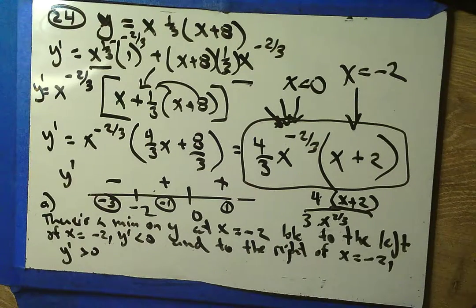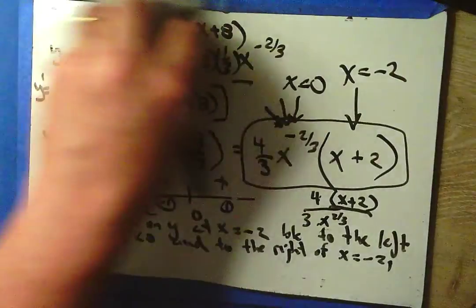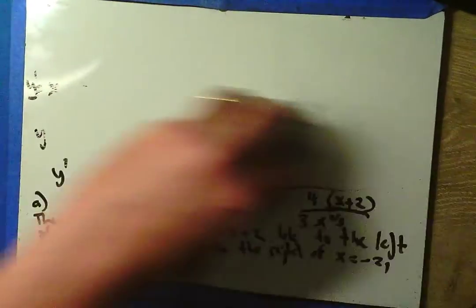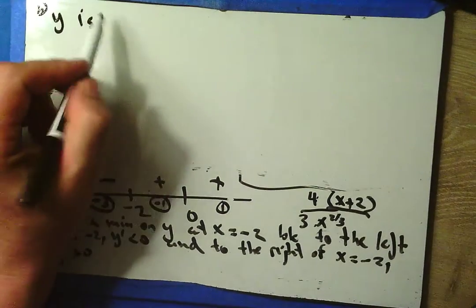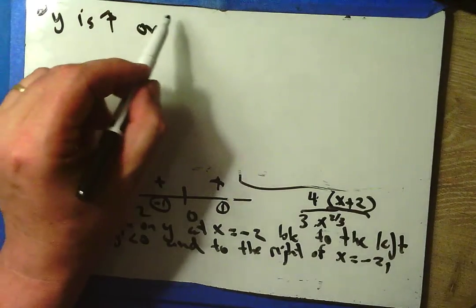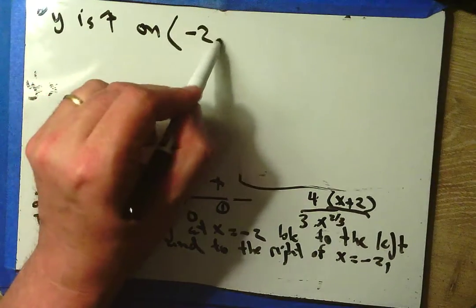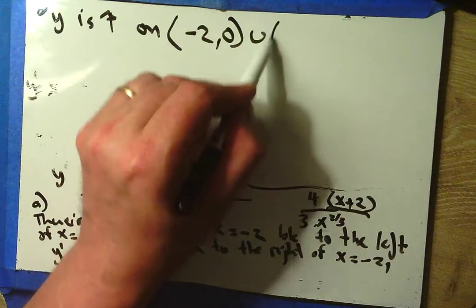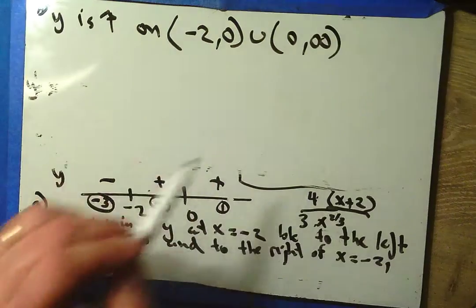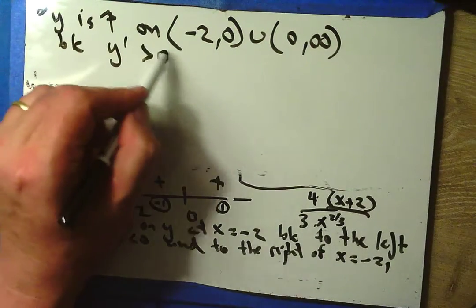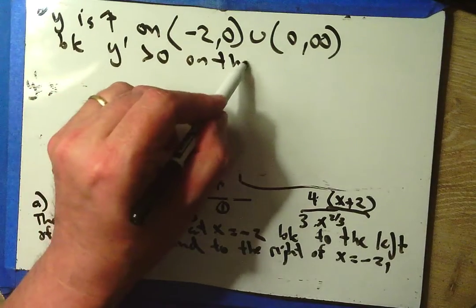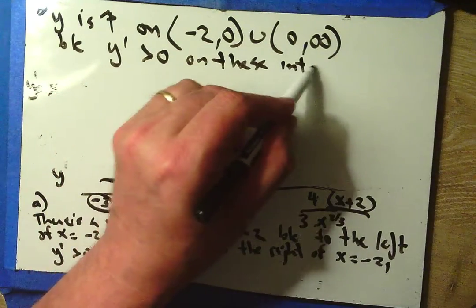What else did we need to find? When is this function increasing? When is this function decreasing? Okay, well, I know that y is increasing on -2 to 0 union 0 to infinity, because y prime is greater than 0 on these intervals.